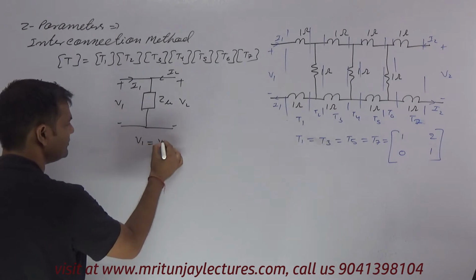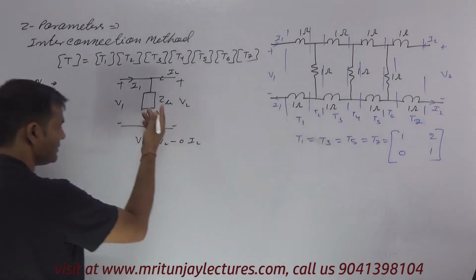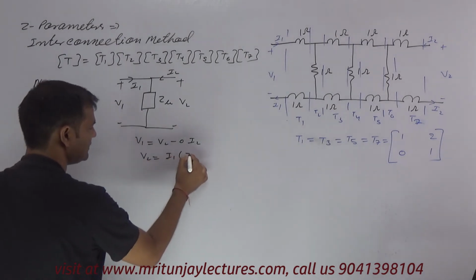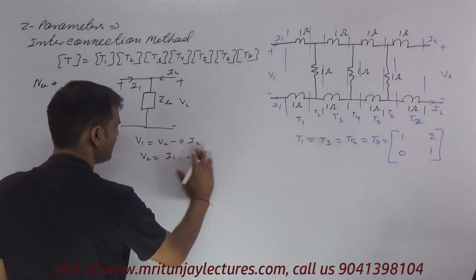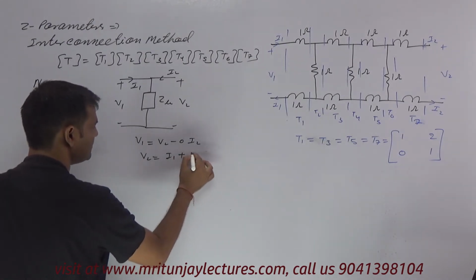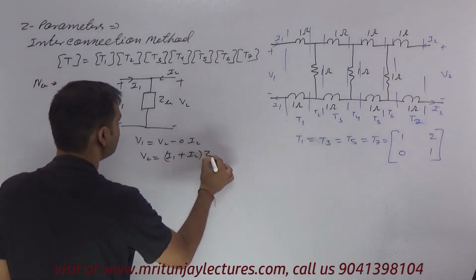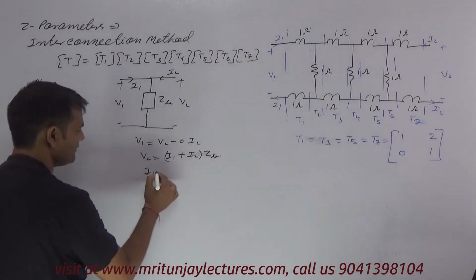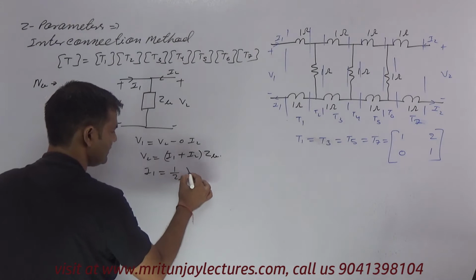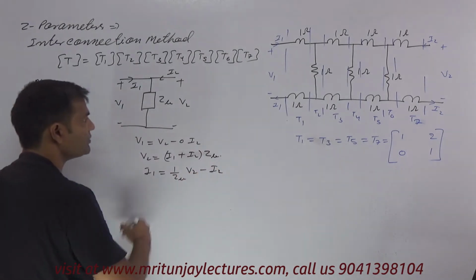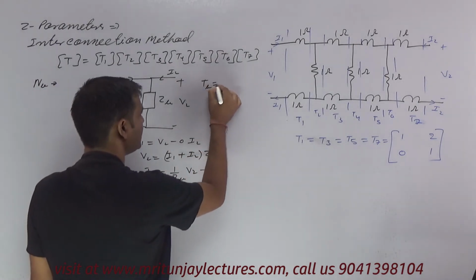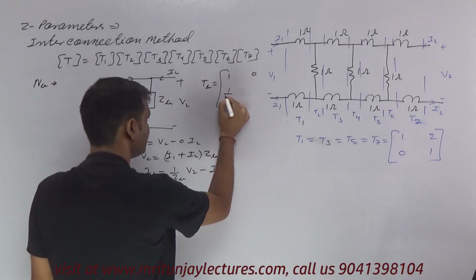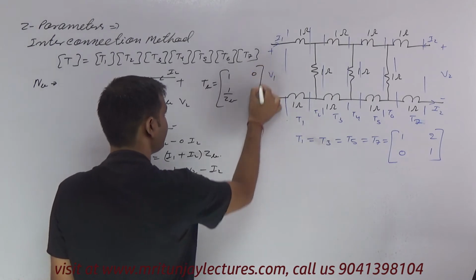V1 is equal to V2 minus 0 into I2, and V2 is written as I1 Z1 plus I1 plus I2 into ZB. So what about I1? I1 is written as 1 by ZB into V2 minus I2. So TB is written as 1 0, 1 by ZB and 1.